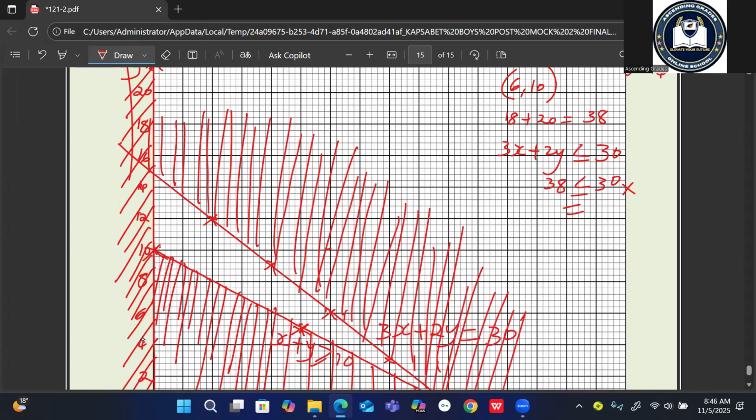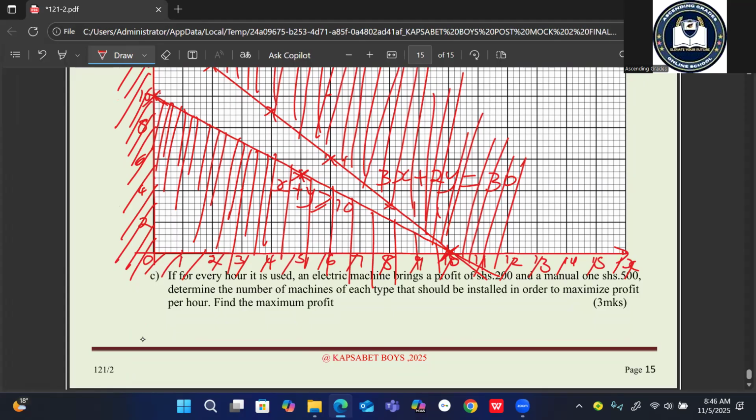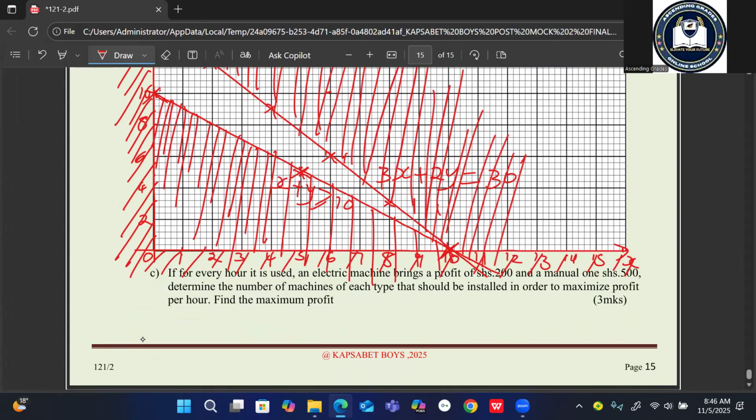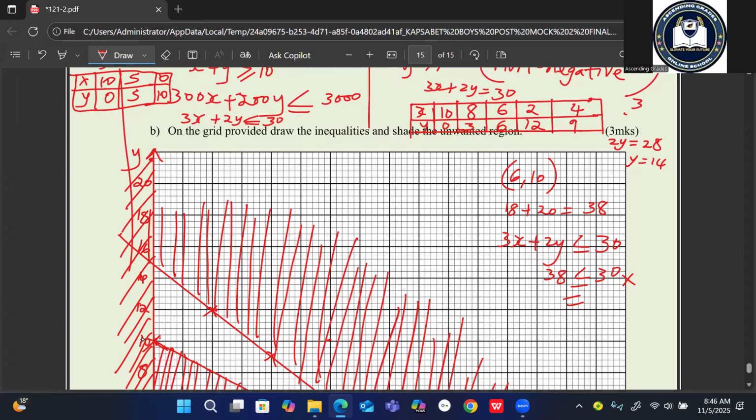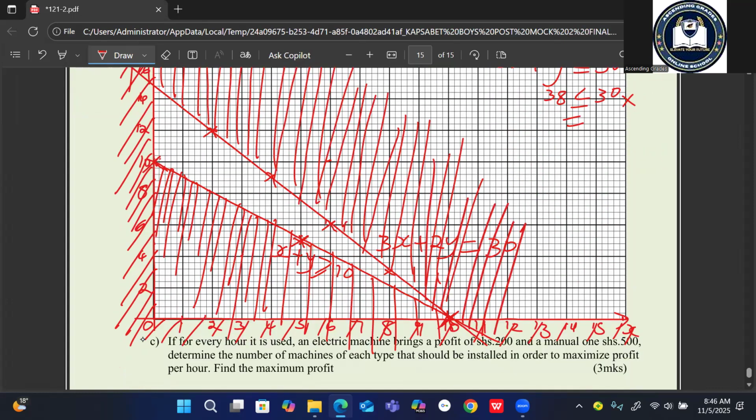So that is it. So the required region is this one, the one that is unshaded.